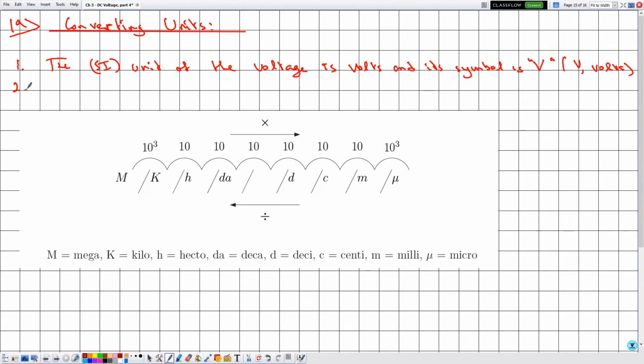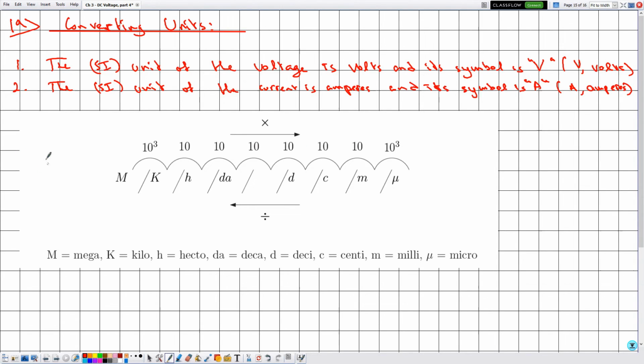Now as for the current, the SI unit of the electric current, or let me say of the current, is amperes, and its symbol is A. Then A stands for amperes.